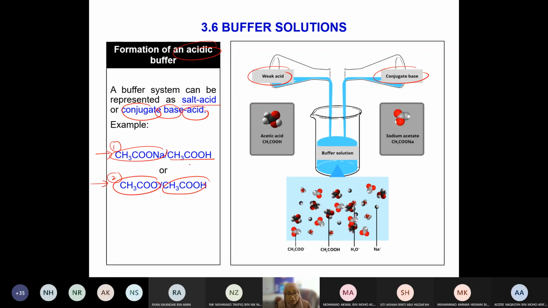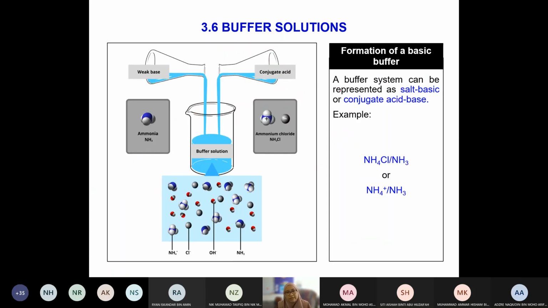You can use both. Now this is a basic buffer. A basic buffer means we have the weak base combined with the conjugate acid or the salt, and you will produce a basic buffer solution. The example we have here is ammonia and NH4Cl.